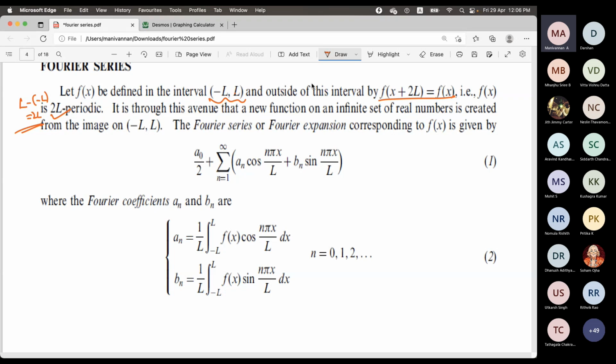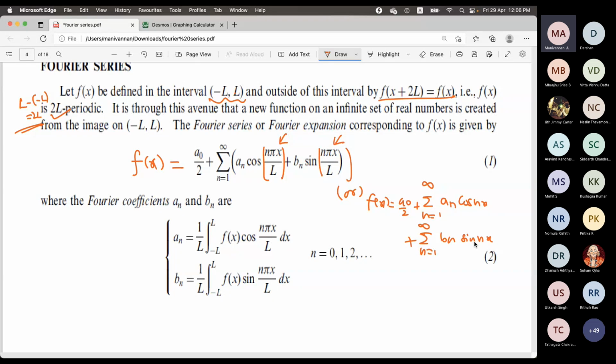Now if this function satisfies the Dirichlet conditions, then that function can be expressed as a combination of cosine and sine, a n cos n pi x by L and b n sin n pi x by L. Or sometimes we write f of x as a naught by 2 plus sigma n from 1 to infinity a n cos nx plus sigma n from 1 to infinity b n sin nx.